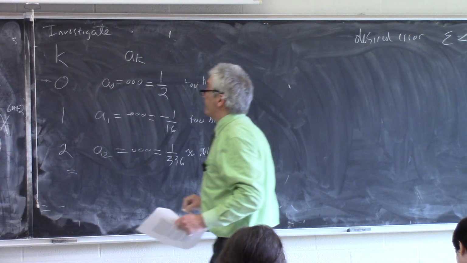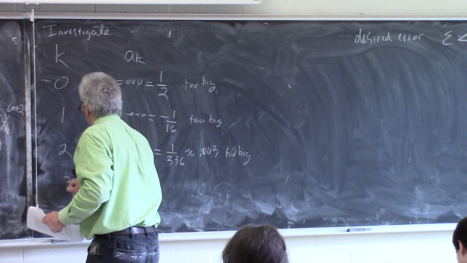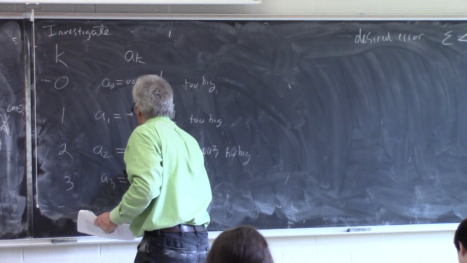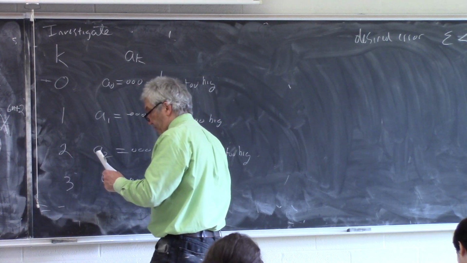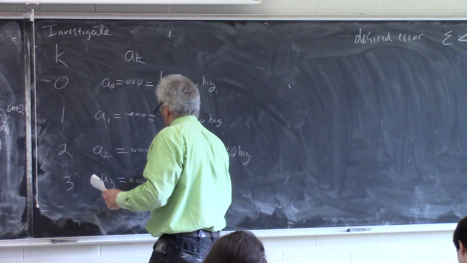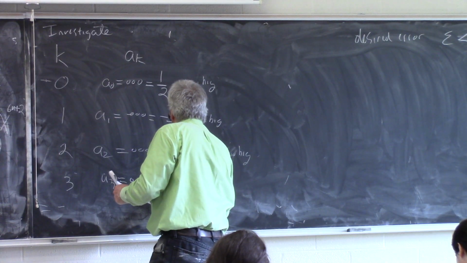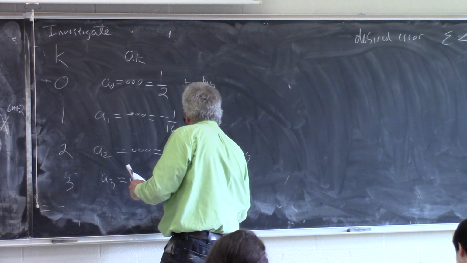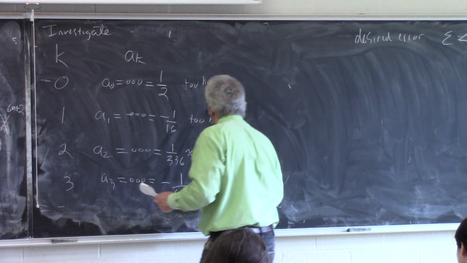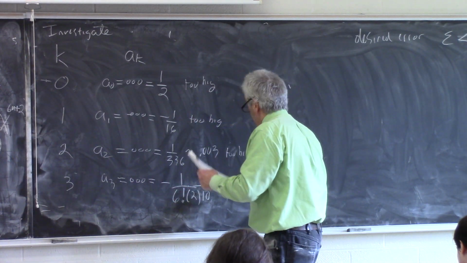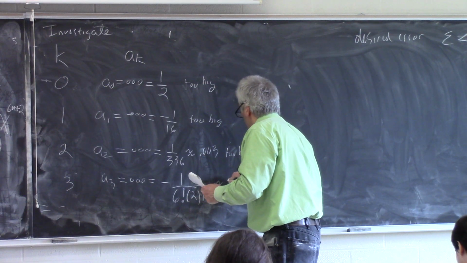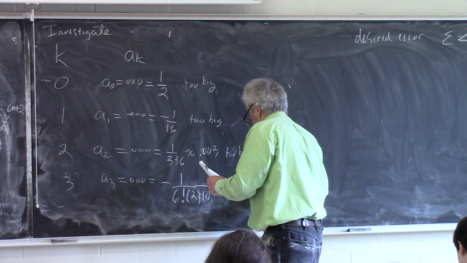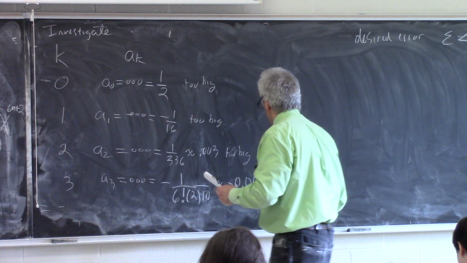But when I look at the K equals 3 term, A3 is going to be, if you go through all the steps, this is really cool. Everybody wake up. This is minus 1/6 factorial over 2 and 10, which is roughly minus 0.00007.